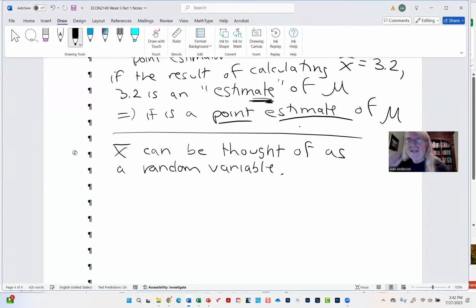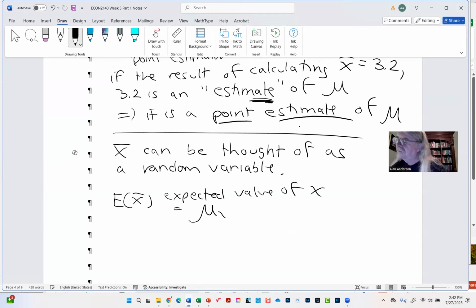Okay, meaning that it has its own distribution and its own moments. So the expected value of X bar is written like this. It's also written like this, mu with a little subscript X bar.